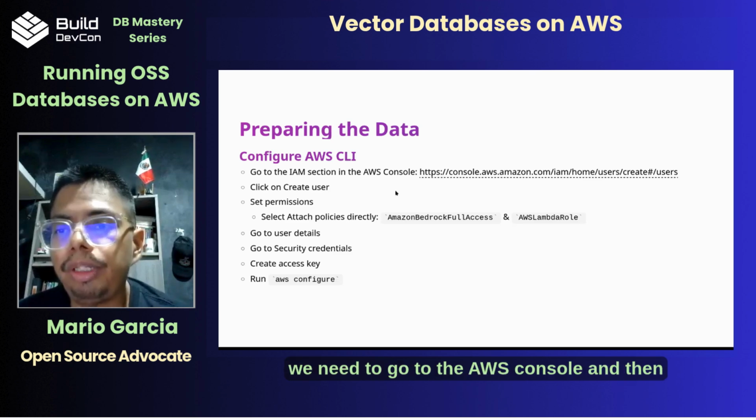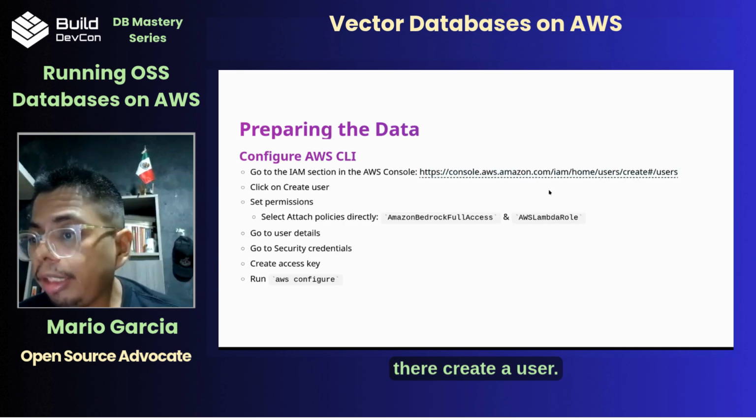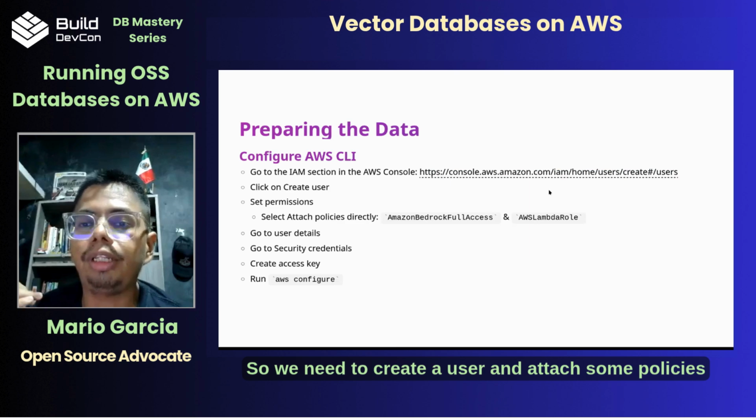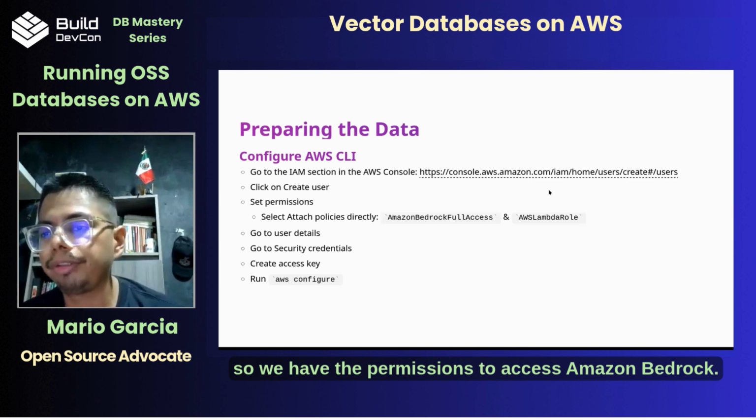So we need to go to the AWS console and then create a user. We need to create a user and attach some policies so we have the permissions to access Amazon Bedrock.